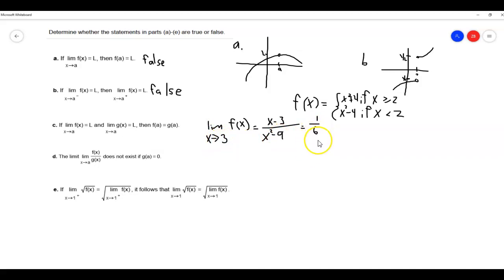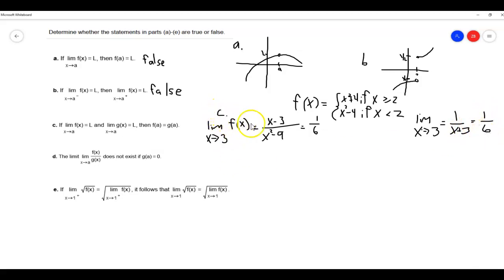So this is actually 1 over 6, but if we look at f of 3 here, that's still going to be undefined, right? And then we can actually also find another limit as x approaches 3, and this one we'll just easily call 1 over x plus 3, and this one is also equal to 1 over 6.